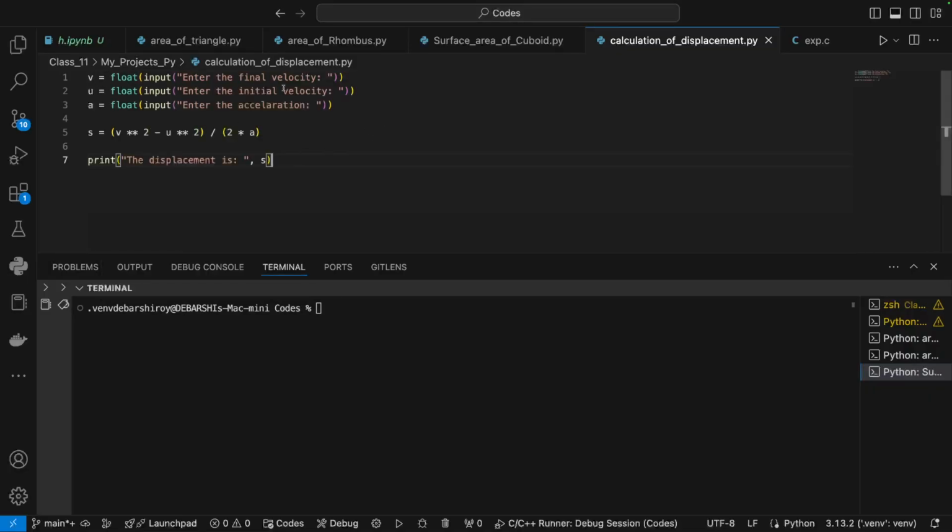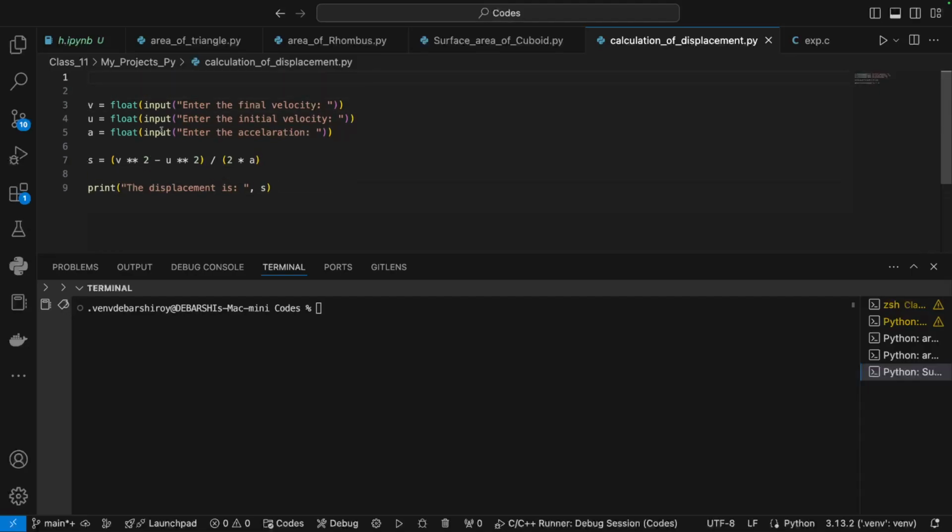Okay, so V is the final velocity, U is the initial velocity, and A is the acceleration. And as I have told, calculate V square minus U square separately.